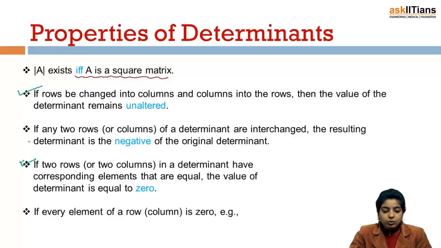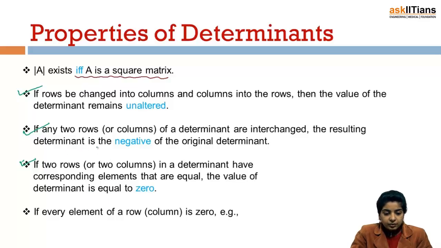If any two rows or two columns of a determinant have corresponding elements that are equal, then the value of the determinant is equal to 0. Suppose I have two rows in a determinant which have the corresponding elements the same. Let me take an example here.